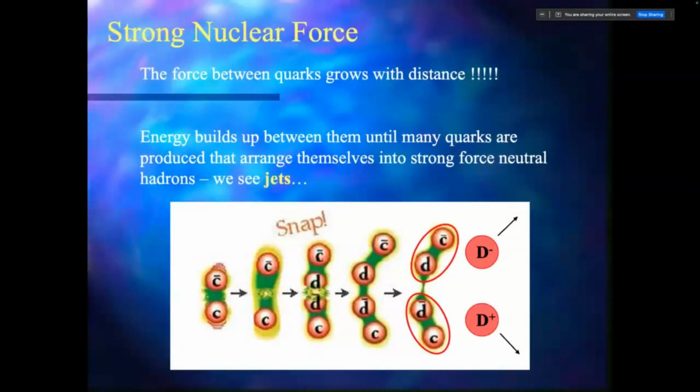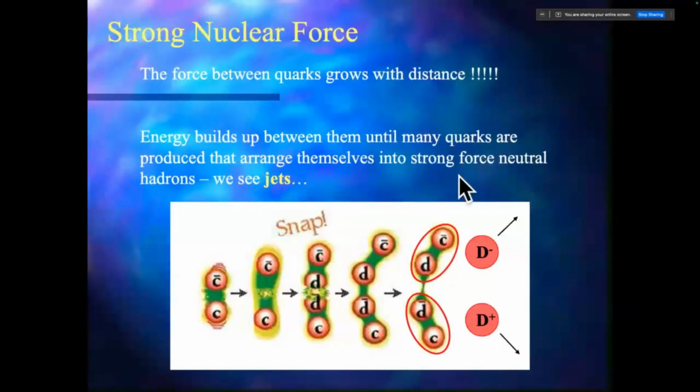So as Nick mentioned, the strong nuclear force is a bit of a strange beast in that for anything that interacts with this force, such as a quark, the force between those two objects grows with the distance.